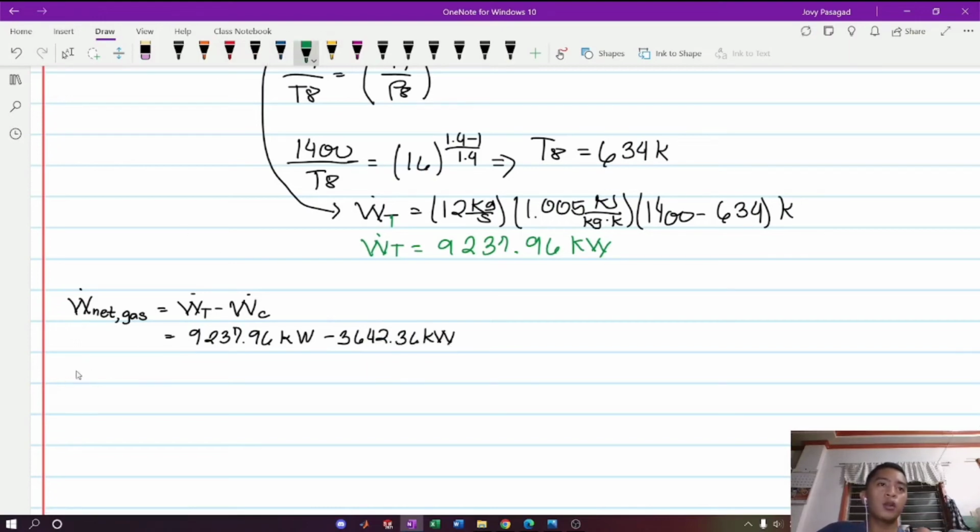So the work dot net of the gas cycle is 5,595.36 kilowatts.